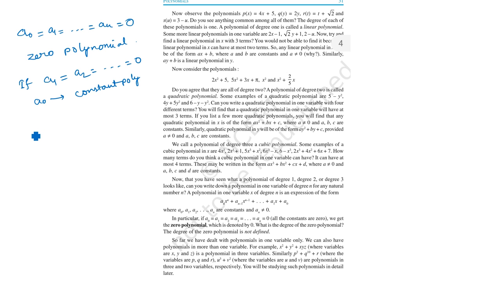A polynomial whose degree is 1 is called a linear polynomial.